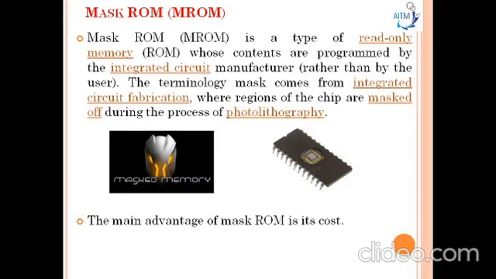So the terminology mask comes from the integrated circuit fabrication here. So what is meant by fabrication? Fabrication is a process used to manufacture semiconductor devices, typically metal oxide semiconductor devices used in integrated circuits here. Where the memory regions of the chip are masked off during the process of photolithography.